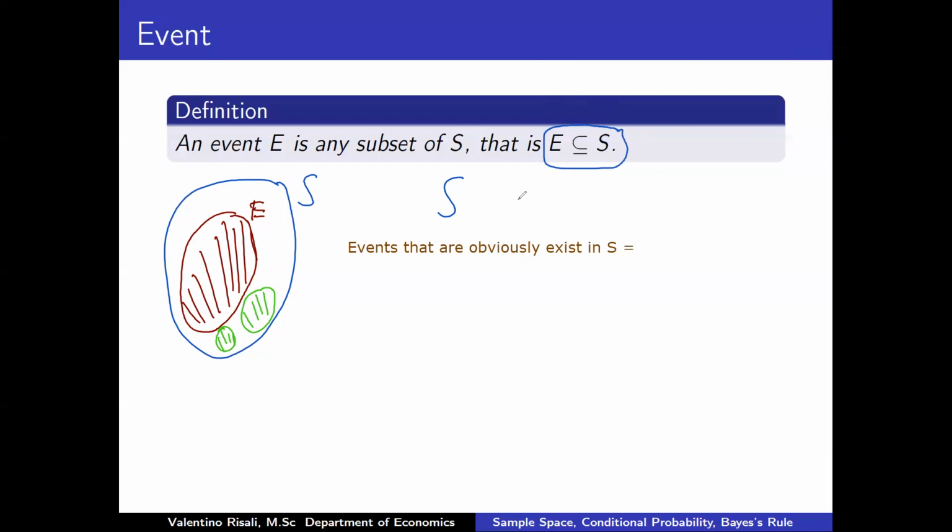From the point of view of set theory, if S is a non-empty set, then the empty set is always a subset of S, and S itself is also a subset of S. So if we have a sample space, we have at least two events on it: the empty event and S itself.